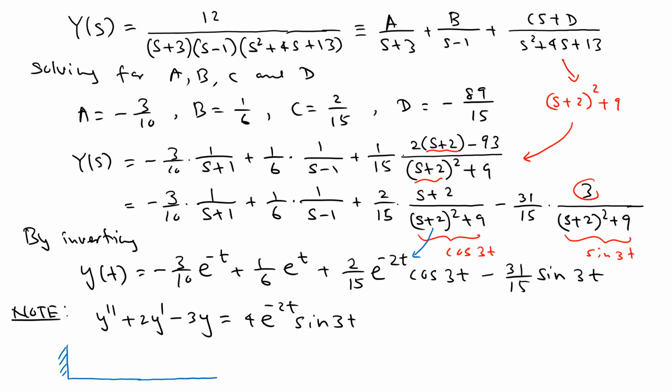So what we have is a mass on a friction surface, and then we also have a spring attached to it. We're going to put an external force there.